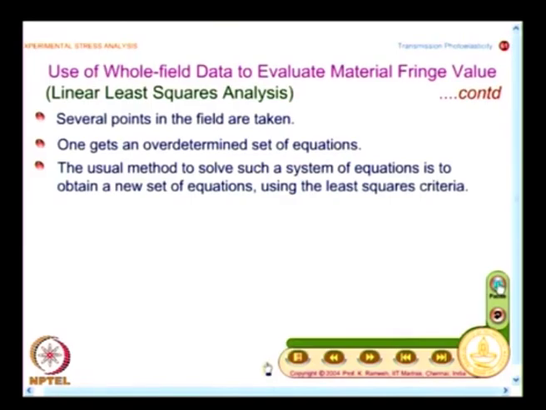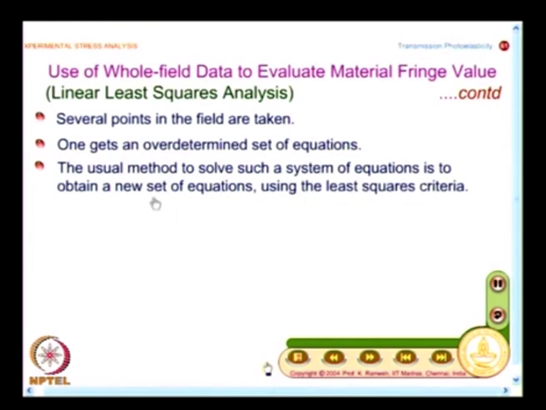And this is again emphasized, we take several points in the field and you get an over-determined set of equations, and the usual method to solve such a system of equations is to obtain a new set of equations using the least squares criteria.